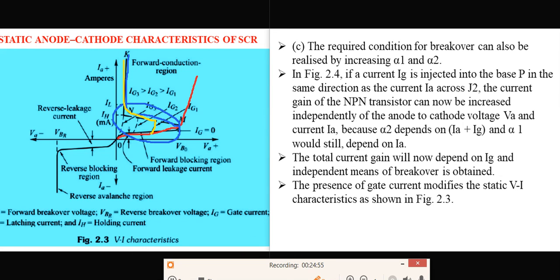Again, I will increase the gate pulse, then again less breakover voltage is required. So this forward bias voltage is reducing as we are applying the gate voltage or gate signal. So this is how the characteristics are modified.